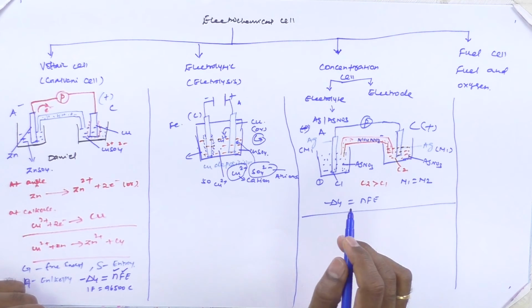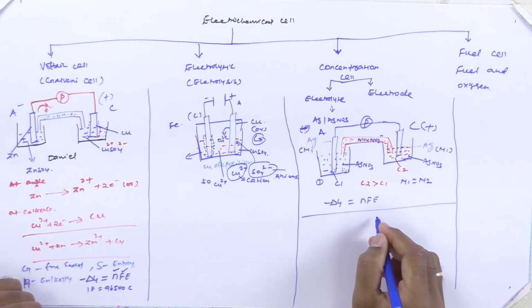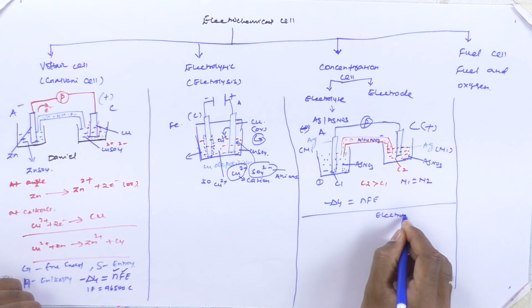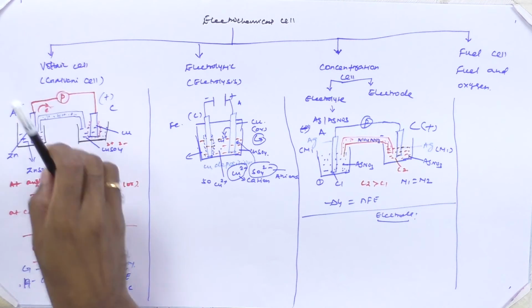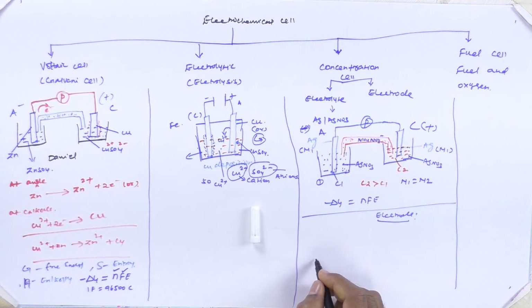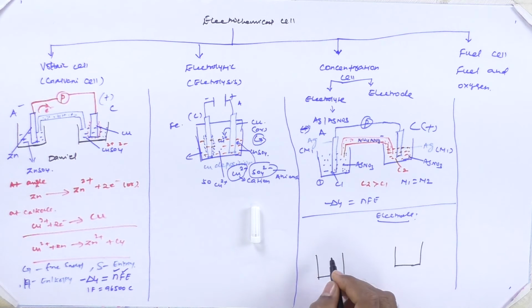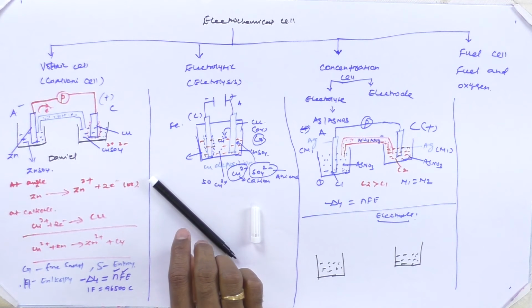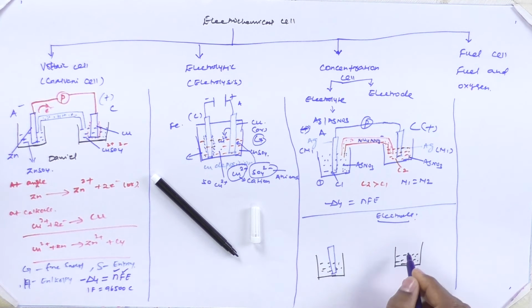As I told you earlier, the concentration cell is further classified into the electrode concentration cell. Here the basic difference is that in an electrode concentration cell, we take identical electrolytes, and the only difference is going to be the concentration of the electrode. We take two electrolytes of the same concentration in different compartments, and we use two identical electrodes but different in composition.